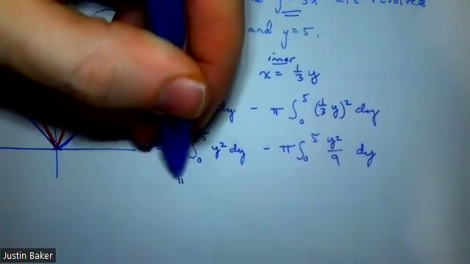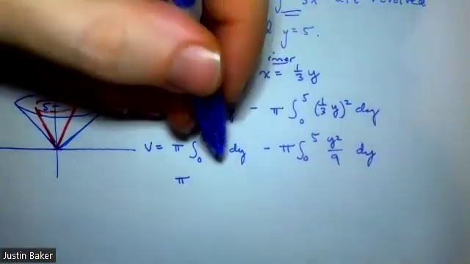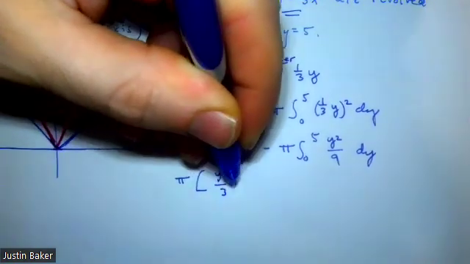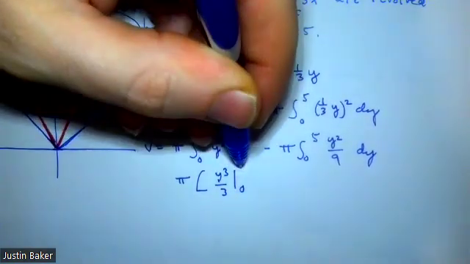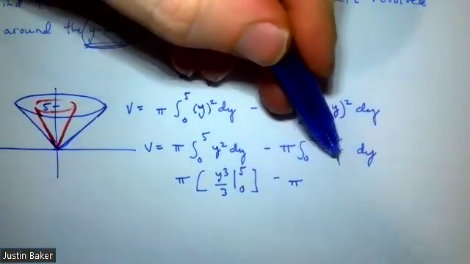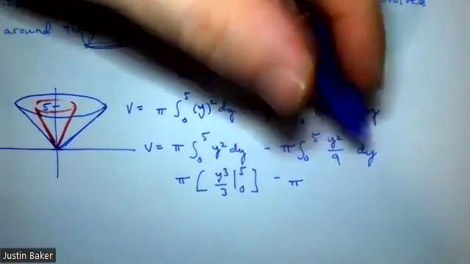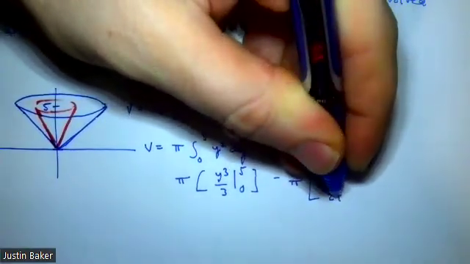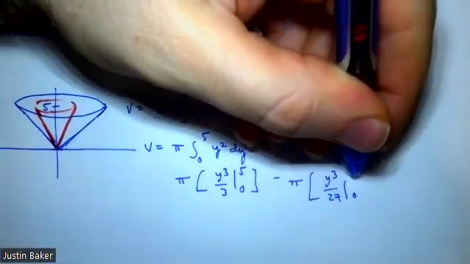This would be pi, and then what do we got here? y to the third over 3. And the other one is going to be y to the third over 3, but there's a 9 down there. So that's going to be y to the third over 27.